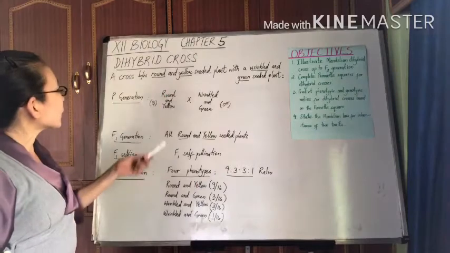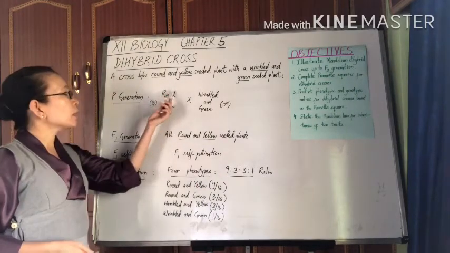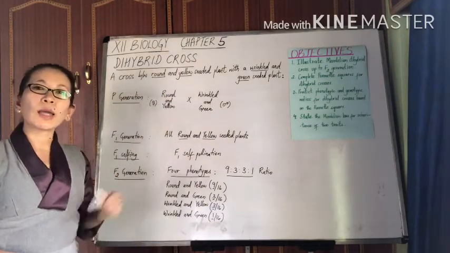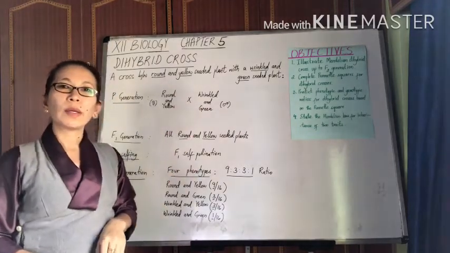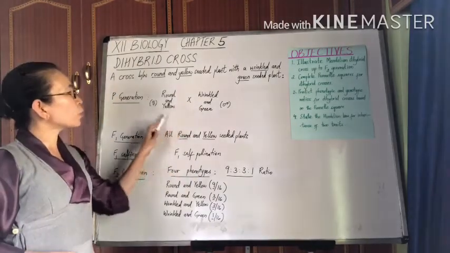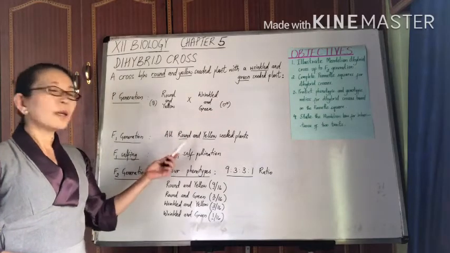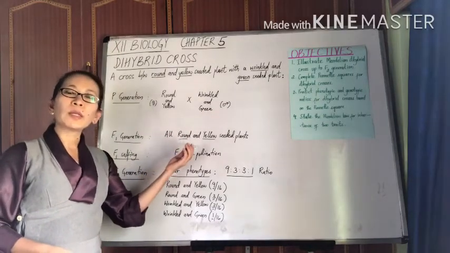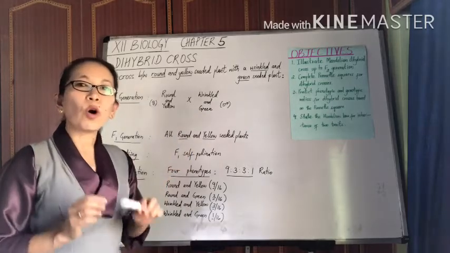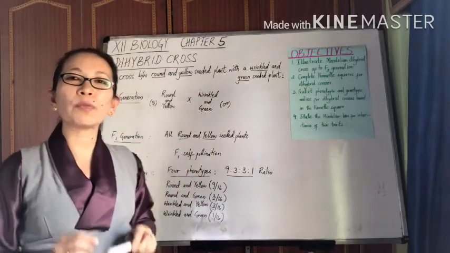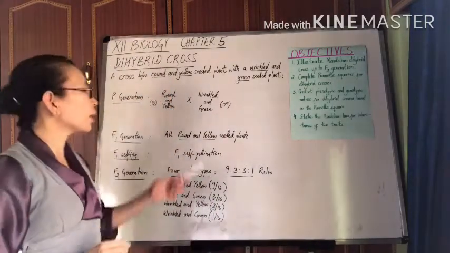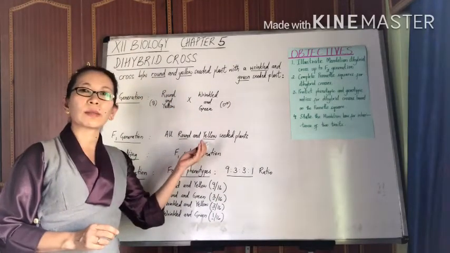So in this cross, one of the parental lines had round and yellow seeds, and the other parental line had wrinkled and green seeds. The cross between these 2 lines resulted in F1 dihybrid plants that were all round and yellow seeded. So F1 plants were all showing round and yellow seeds.